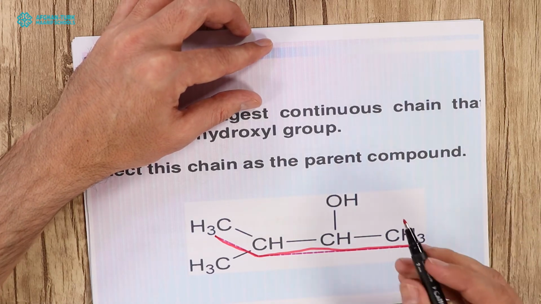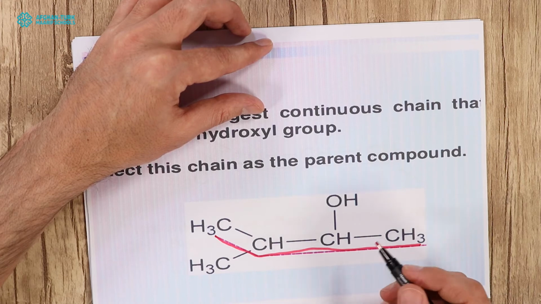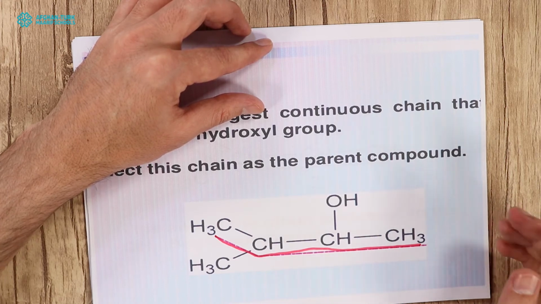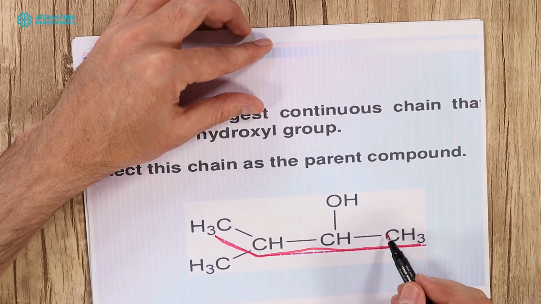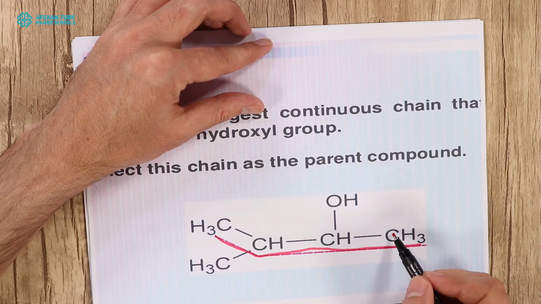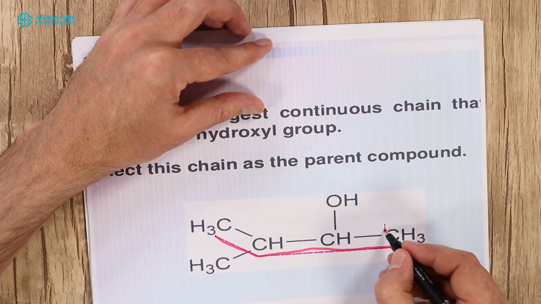And from where will you start the counting? From the end where the OH group is near to that carbon. OH group is near to which carbon, this one or this one? It is near to this carbon, so I will start from here. This will become my first carbon.